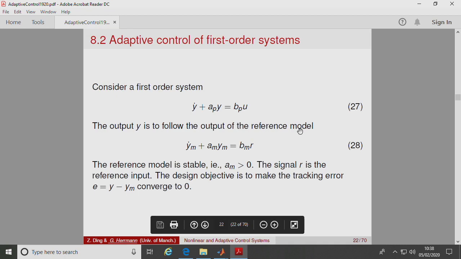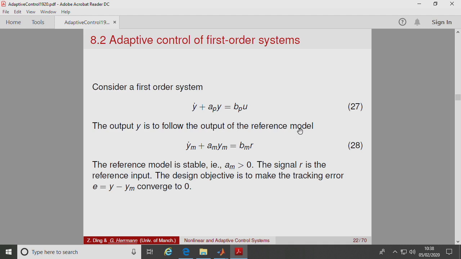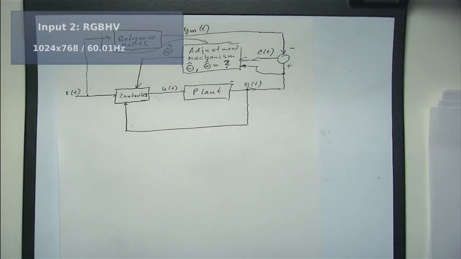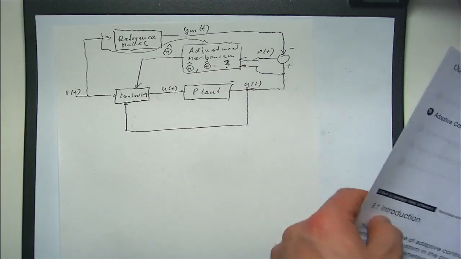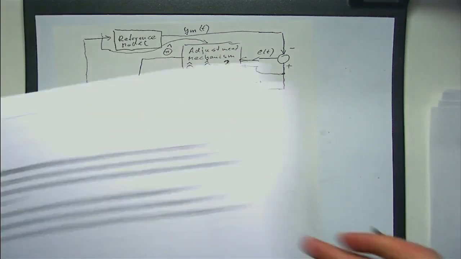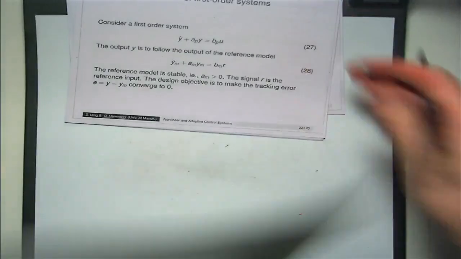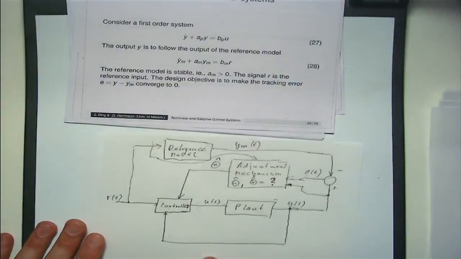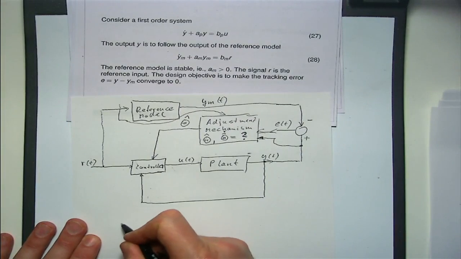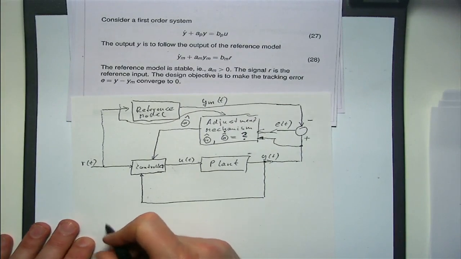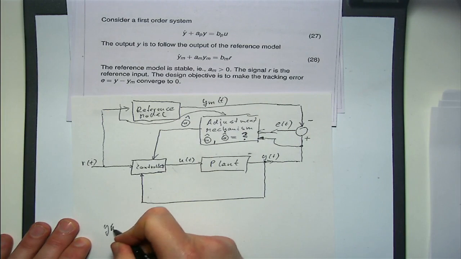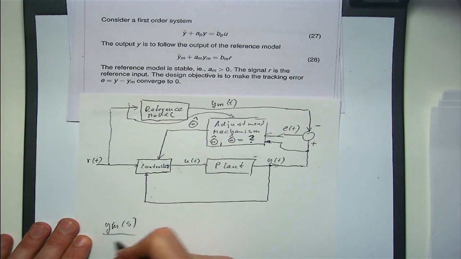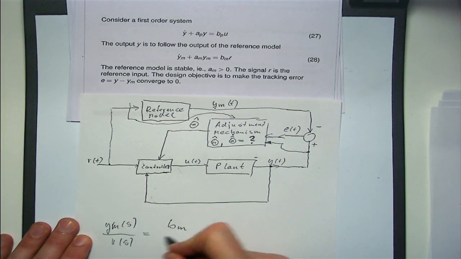So if we write this down, our reference model is something like this: Ym(s) over R(s) equals Bm over s plus Am.